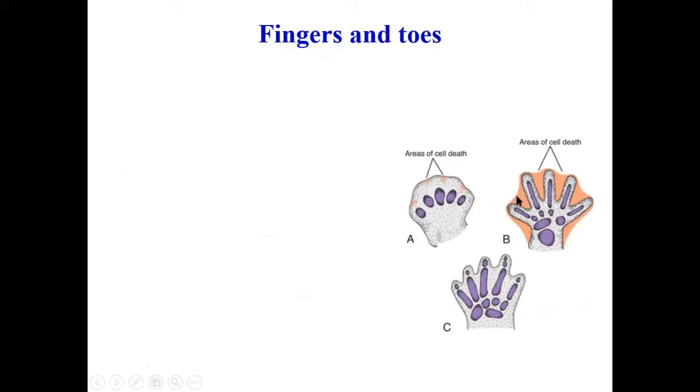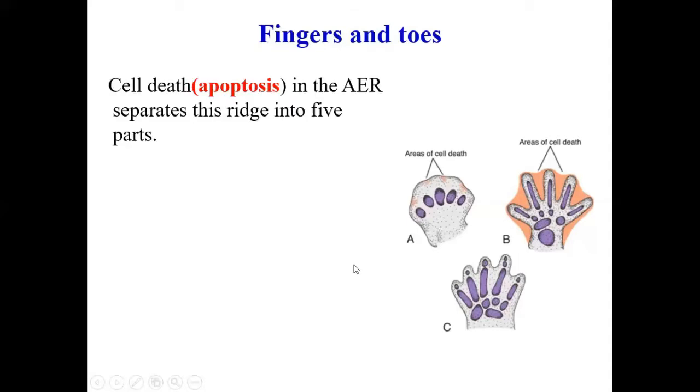After the cell death, the remaining area will form the hyaline cartilage model to form the tarsals, metatarsals and phalanges. Cell death, also known as apoptosis, in the apical ectodermal ridge separates the hand plate into 5 parts.